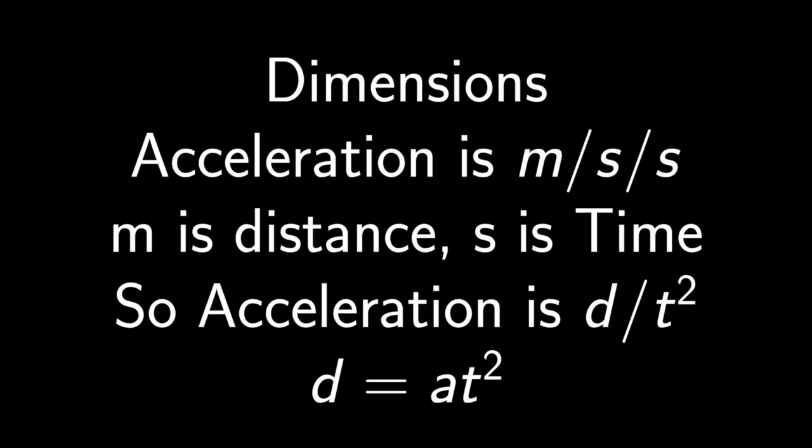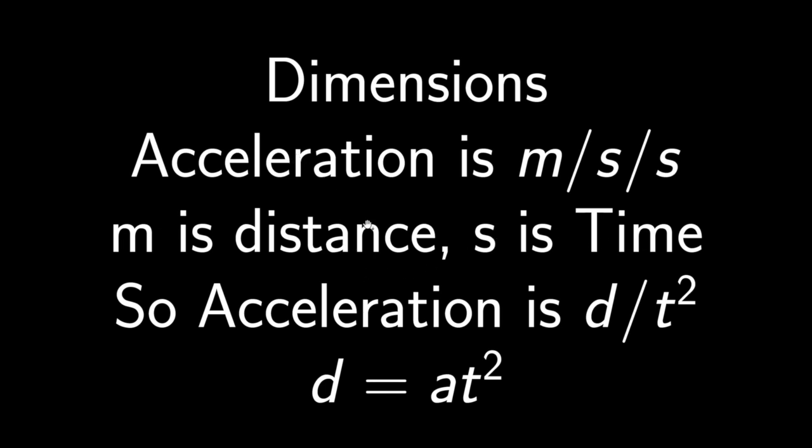Okay, we can also consider dimensions. An acceleration is usually measured in meters per second per second. For example, if you have a velocity in meters per second, then you want to know how many meters per second you add in velocity every second. So that's why it's meters per second per second. And we know meters are a distance and seconds are a time.